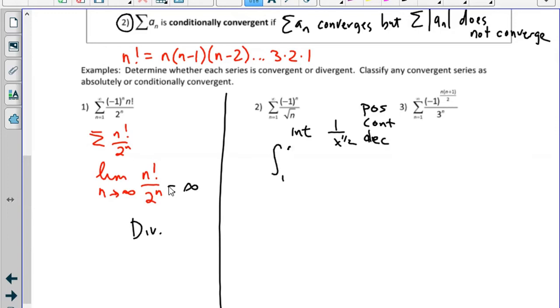And we know that the integral from 1 to infinity of 1 over x^(1/2) dx diverges by the p-series test. There are a ton of different ways we can say that it diverges. Because of that, we know this will not converge absolutely.